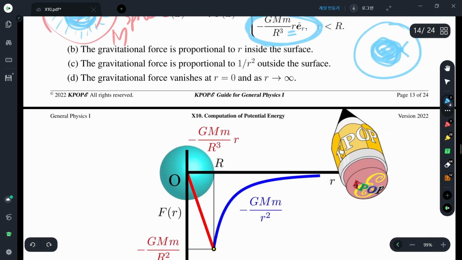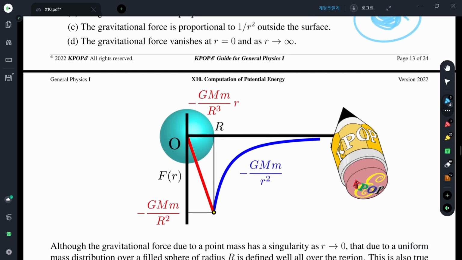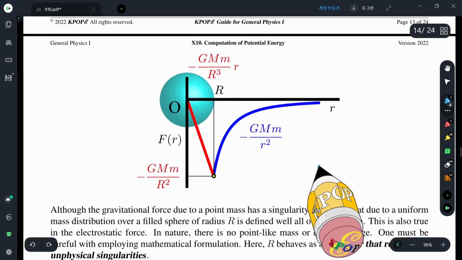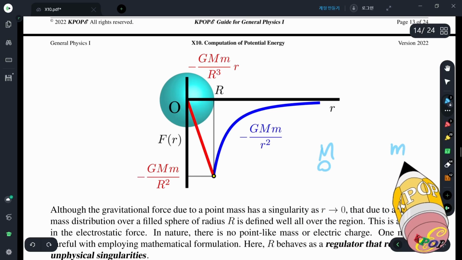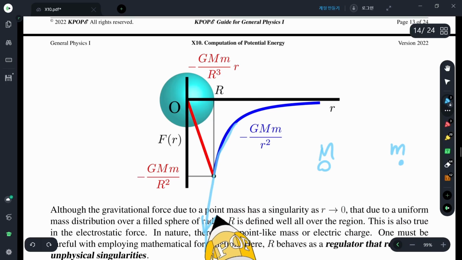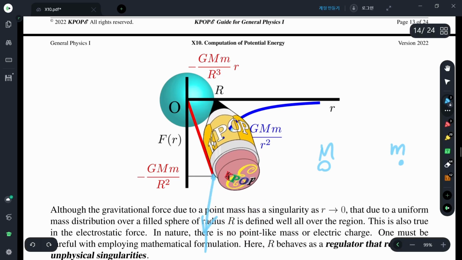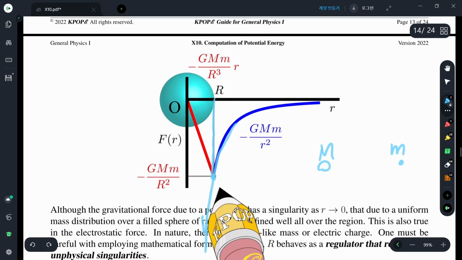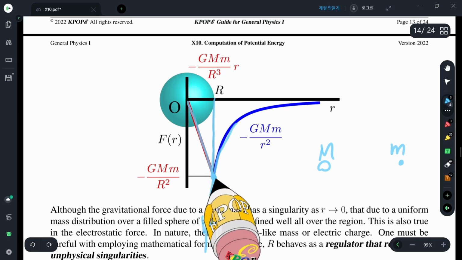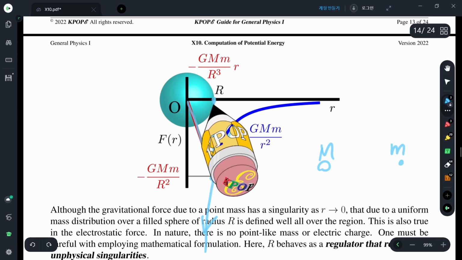As a result, if we had two point masses, the potential energy would decrease to negative infinity. However, for the sphere there is a big change: from the surface inward, it increases linearly to arrive at the center.